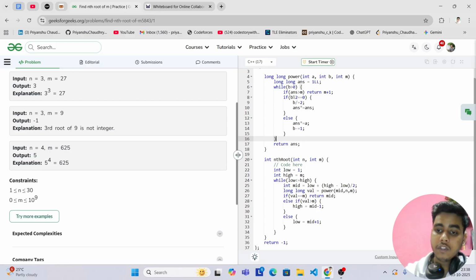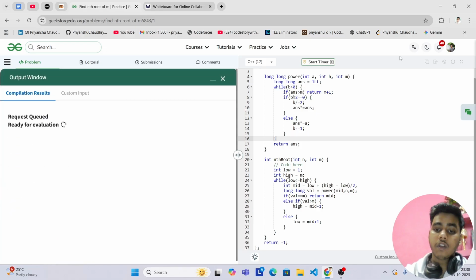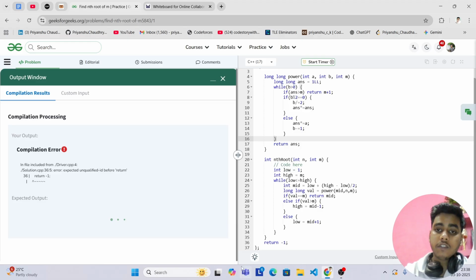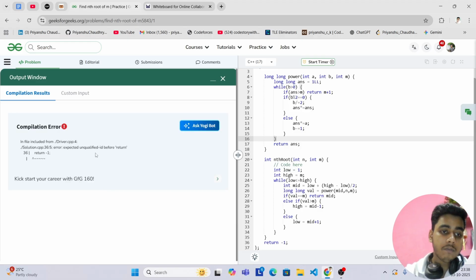And now I think we are good to go. If I submit this, first I should compile this and check if we are able to pass sample test cases. So something is wrong here. On line 36, return minus 1 should be inside this bracket.